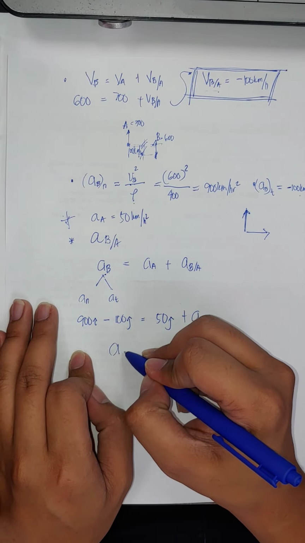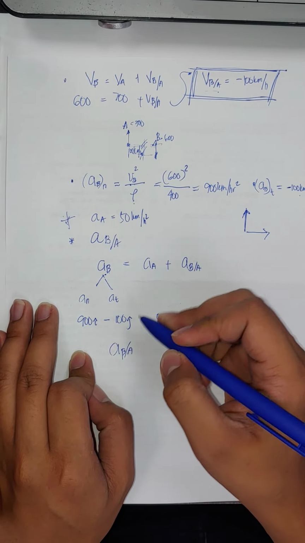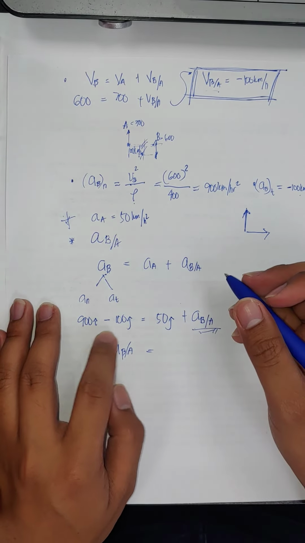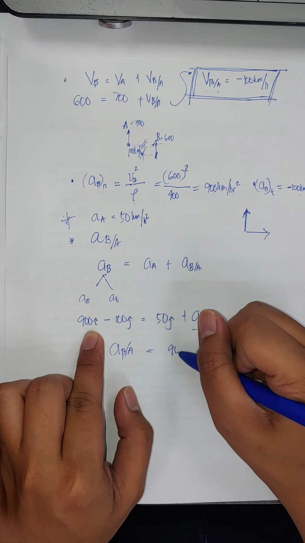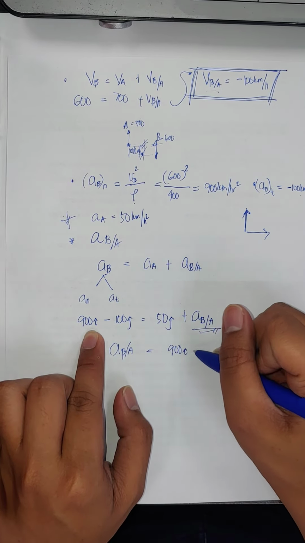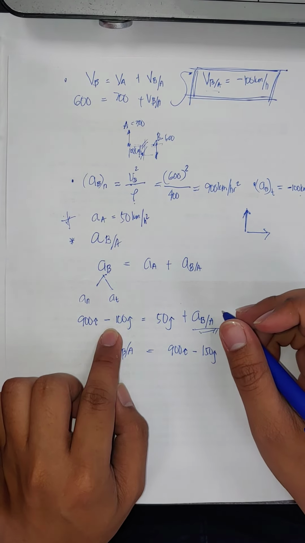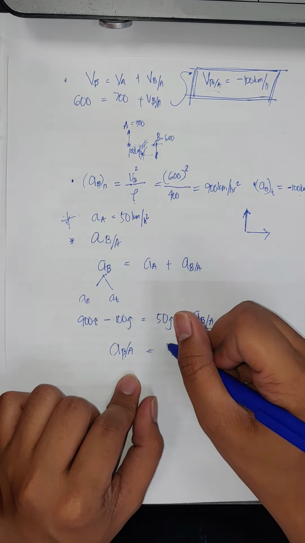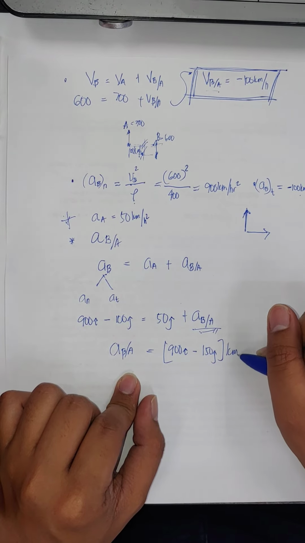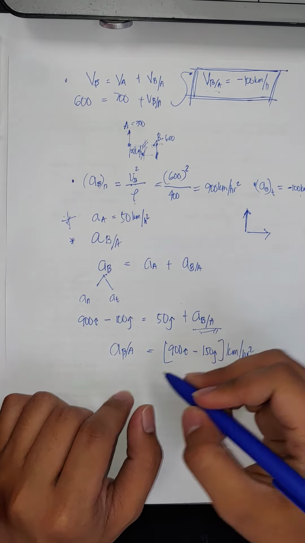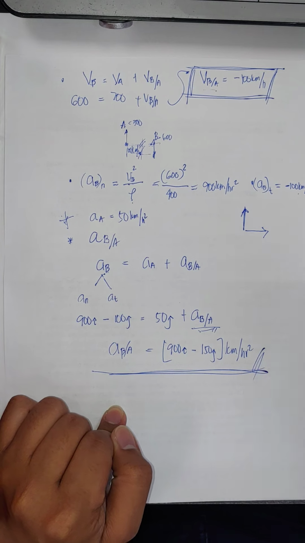So that is acceleration of B relative to A is equal to, so mura na siya mauba, 900 I hat minus 150 j hat, because kani pag transpose diri this becomes negative. So mao niya ang acceleration in the vector notation or quantity.